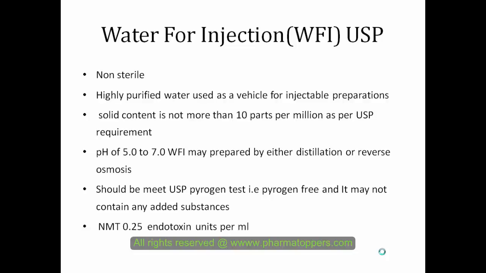The endotoxin level should not be more than 0.25 endotoxin unit per ml. The pH should be maintained between 5.0 and 7.0, and it should be pyrogen free and meet the USP pyrogen test.